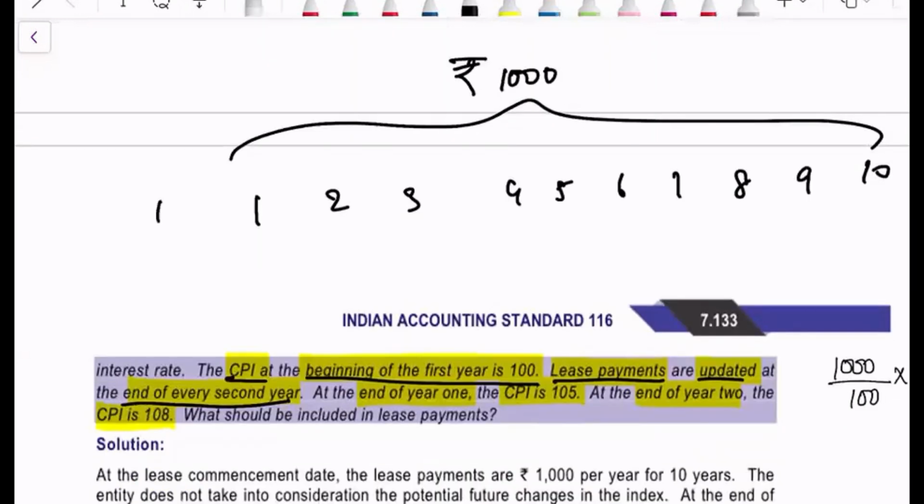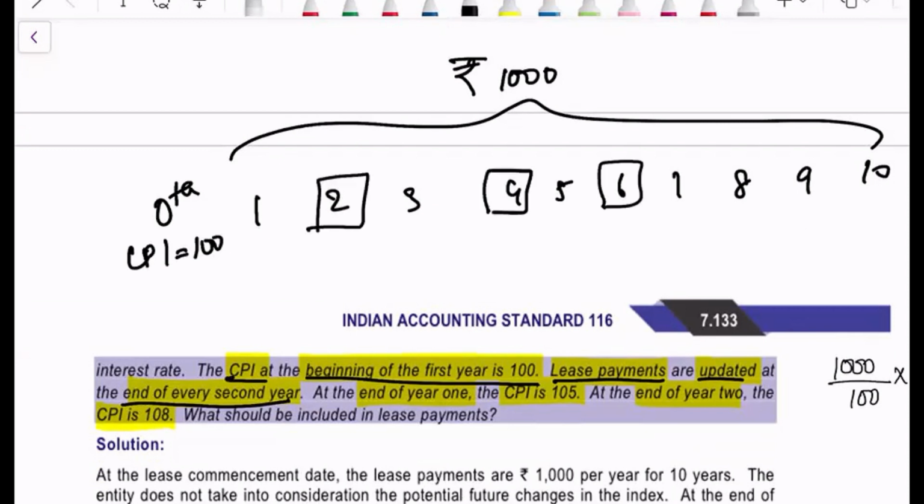And at the beginning of the first year, your CPI was 100. At the end of every second year, you see what the CPI is and you accordingly update your lease payment. So at the end of year 1, your CPI is 105.